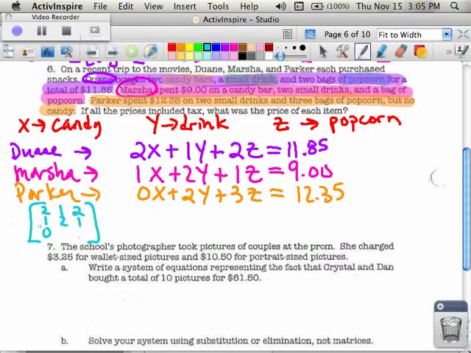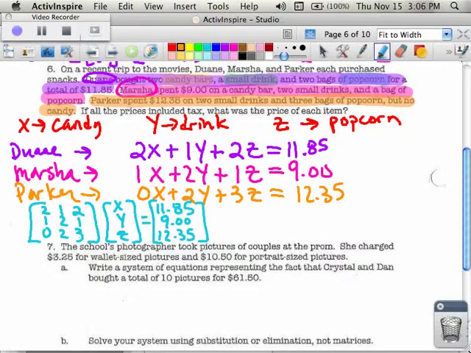And then I would do a 0, a 2, and a 3, and that's Parker. And don't forget that that's a 3 by 3 matrix in your matrices, because we have 3 variables, x, y, and z for the variable matrix, and that's equal to the dollar amounts on the right hand side of $11.85, $9, and $12.35. And these numbers again are coming from each of the different people.